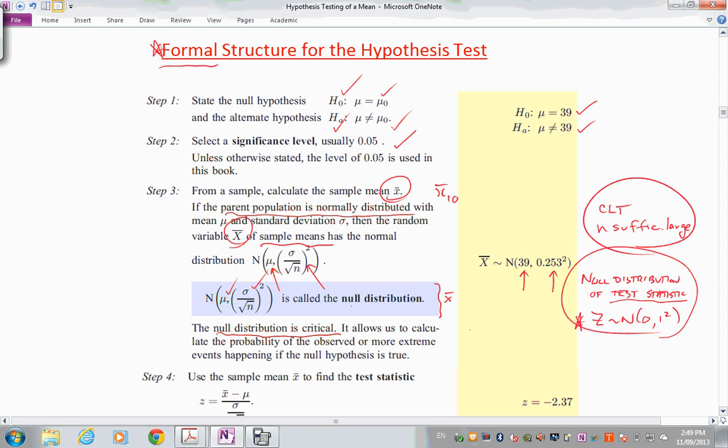Okay, the null distribution is critical. It allows us to calculate the probability of the observed or more extreme events happening if the null hypothesis is true. I would like to put it differently from that. I would like to say we work with H0 and check whether our X bar of whatever we do, X bar n, could have come from that distribution.